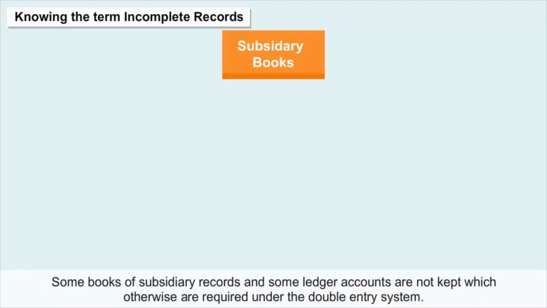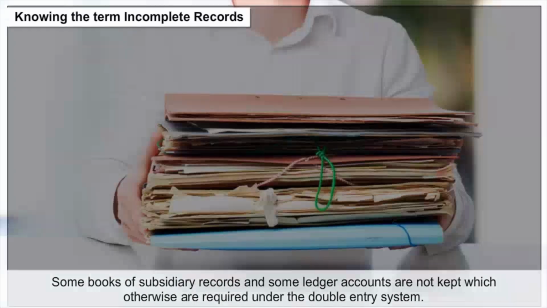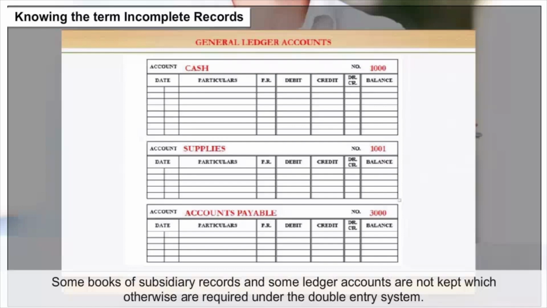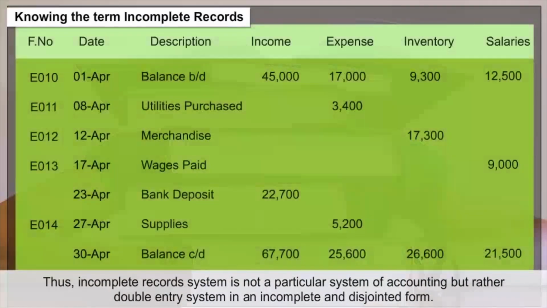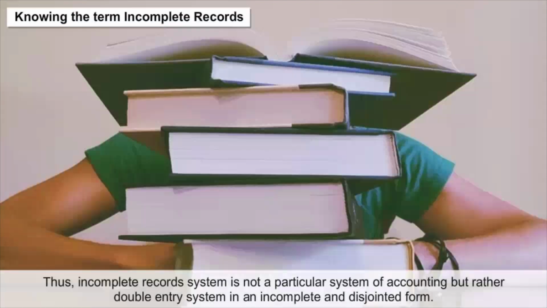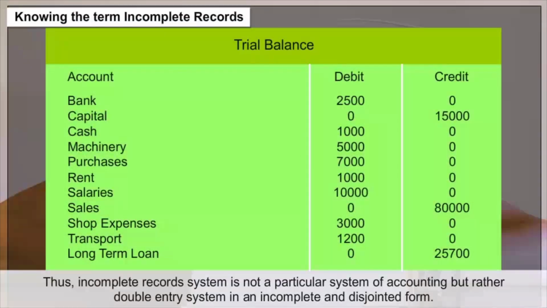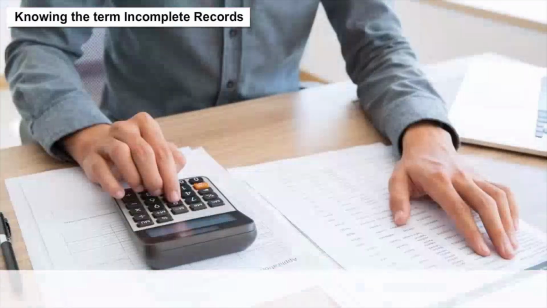Some books of subsidiary records and some ledger accounts are not kept, which otherwise are required under the double entry system. Thus, incomplete record system is not a particular system of accounting, but rather double entry system in an incomplete and disjointed form.